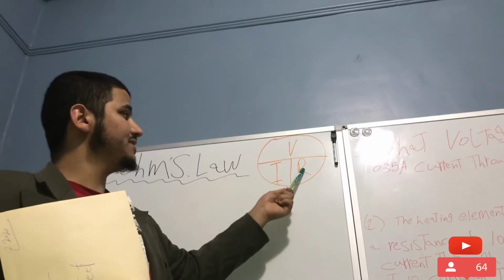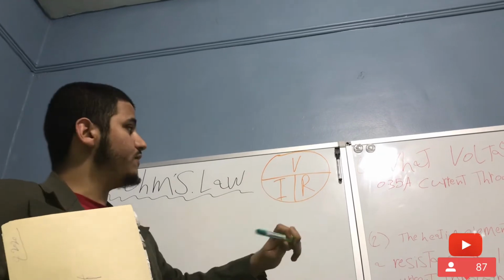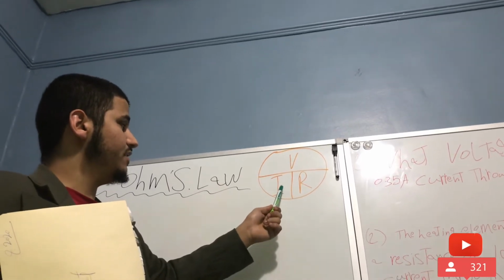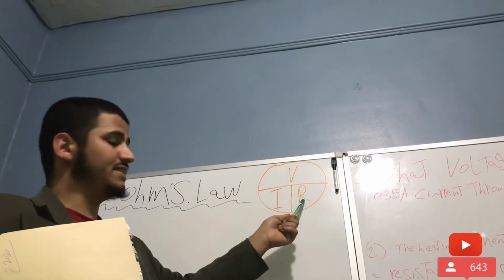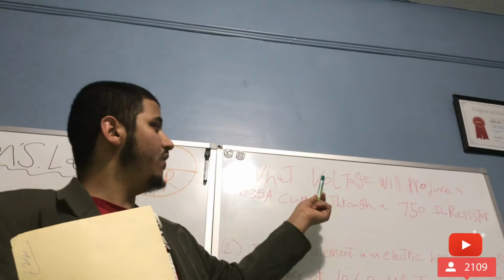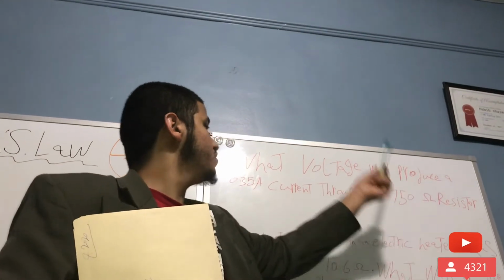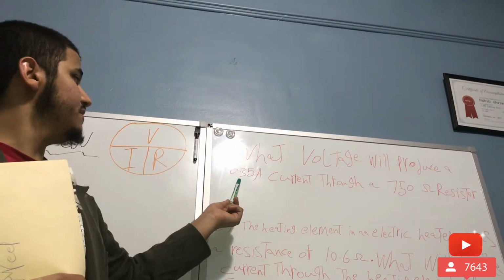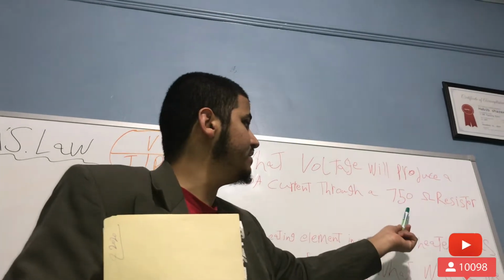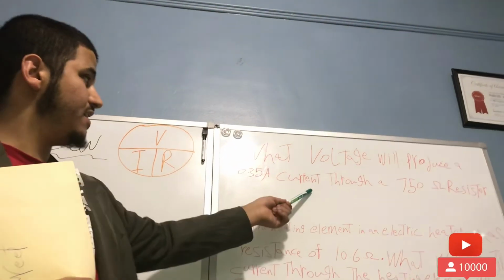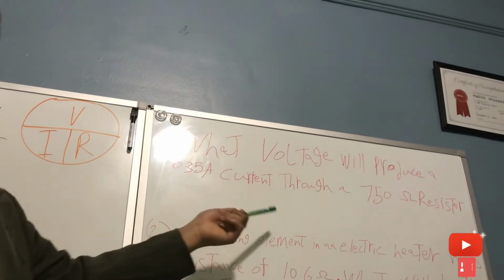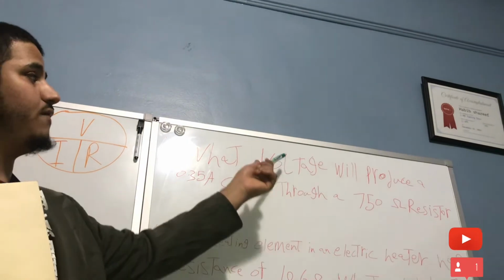If you want to find the current, you put the volts divided by the resistance. In this question, it asks what voltage will produce a 0.35 amps current through the 750 ohms resistance. So here it's asking for the volts.